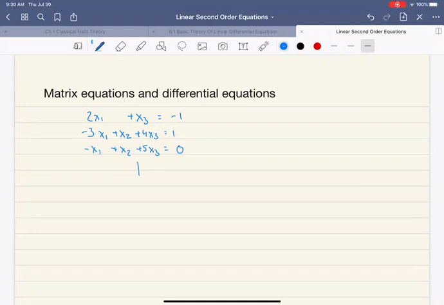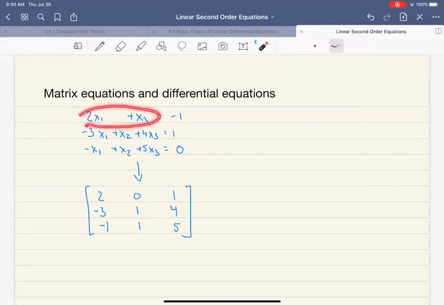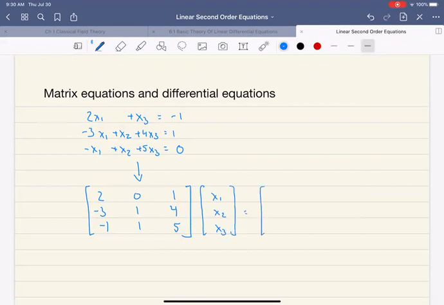I'm going to write this as a matrix system. I'm going to have 2, 0, 1, -3, 1, 4, -1, 1, 5. I'm just taking the coefficients and putting them in the matrix. Then I'm imagining x1, x2, x3 here, and on the right-hand side I get -1, 1, 0.